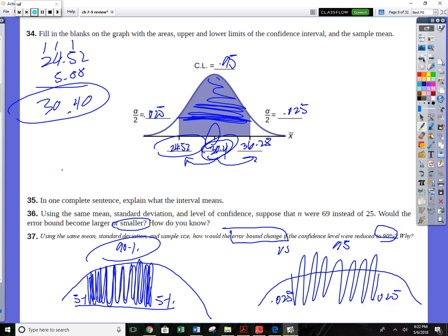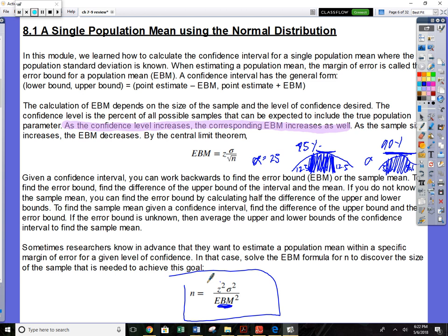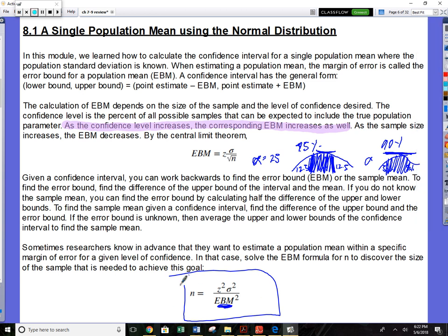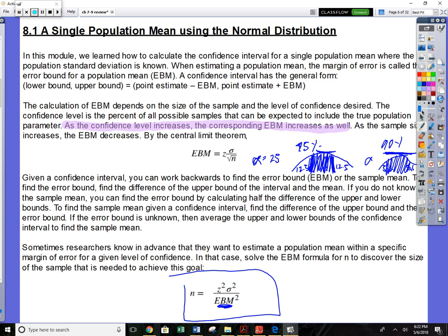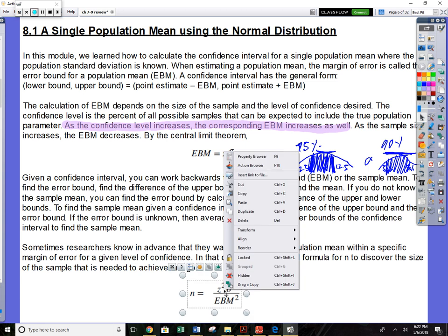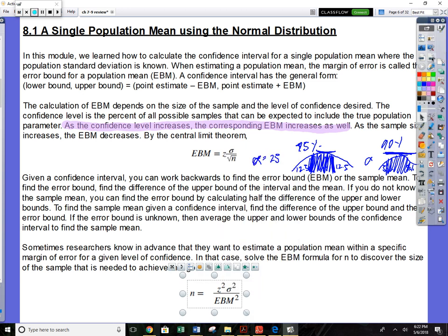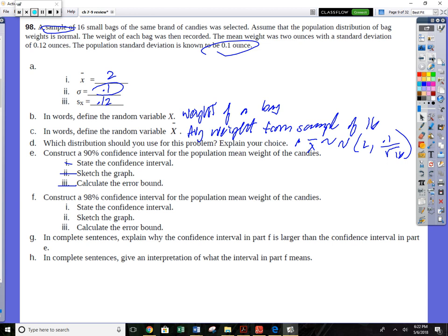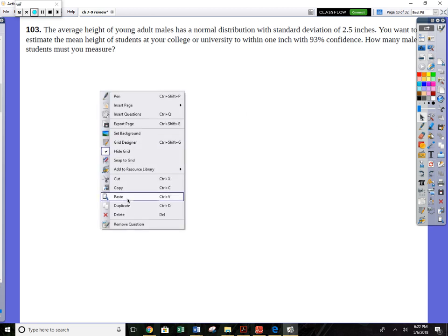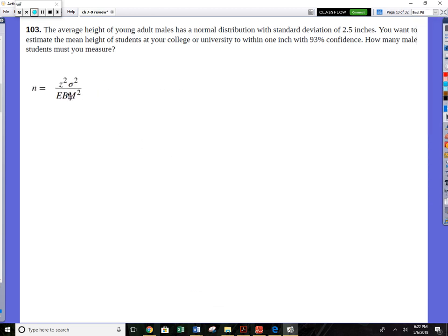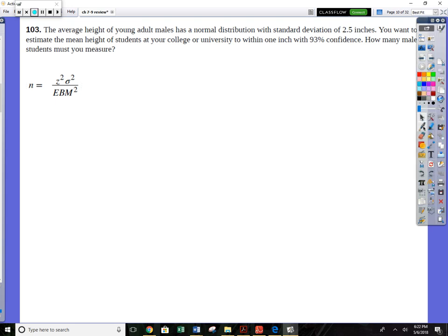And that is this. We have got to use this formula, so let me copy that down. Let's erase this. Okay, now here we go, and this is kind of fun.